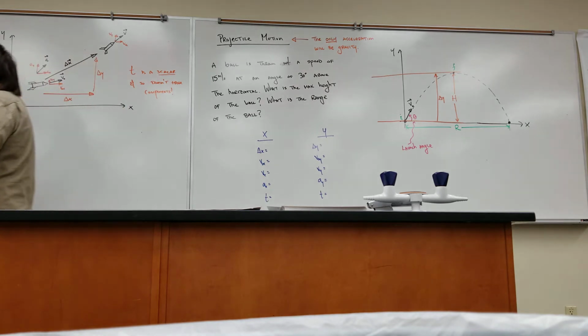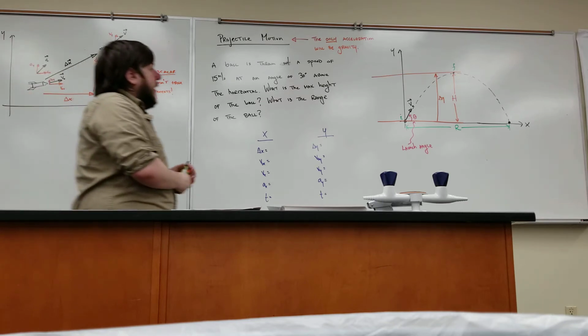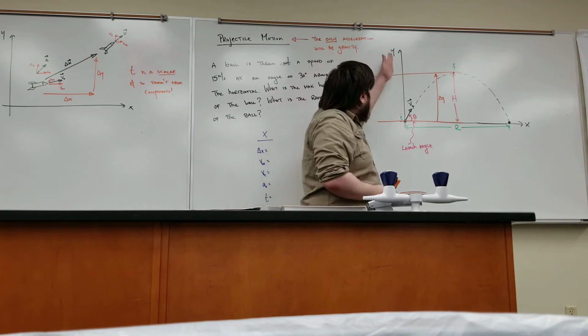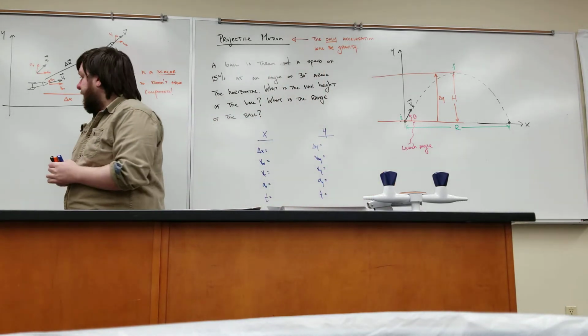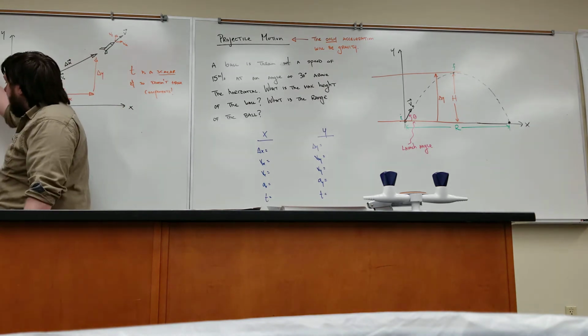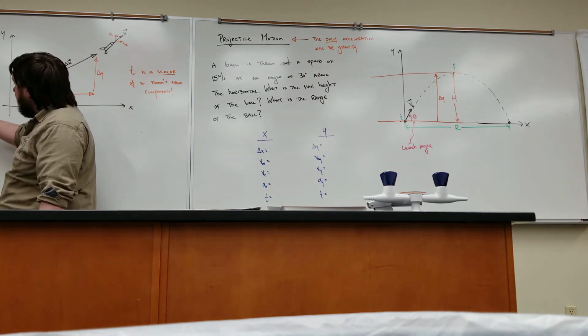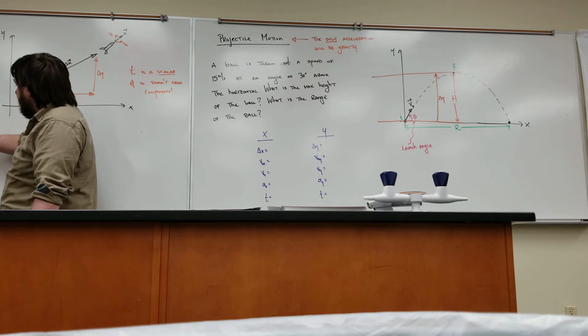Gravity points in what direction? Down, towards the center of the earth, right? In our coordinate system, that's the y-axis. So gravity only has an effect on the y equations. Here's the y acceleration, here's the y acceleration, here's the y acceleration.